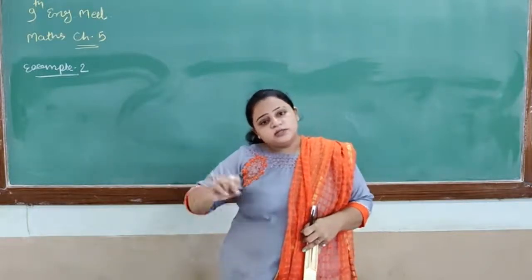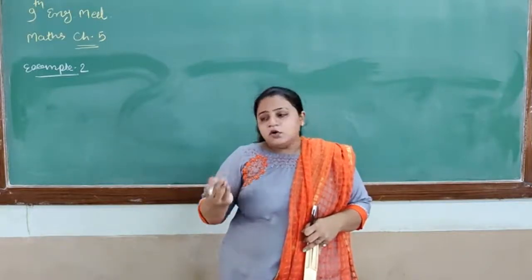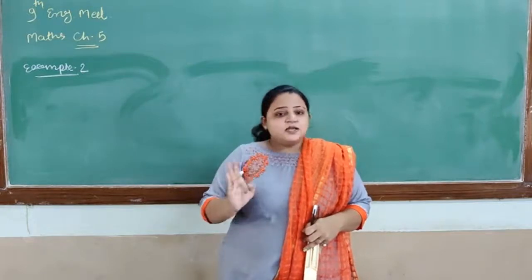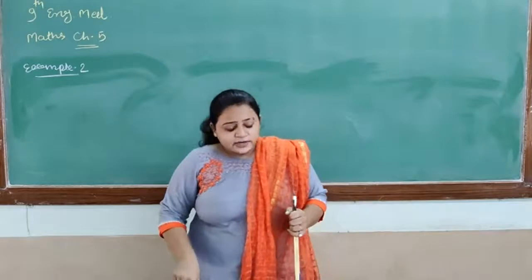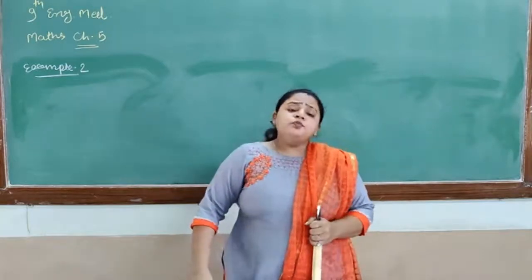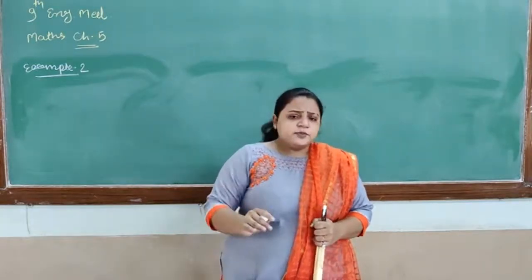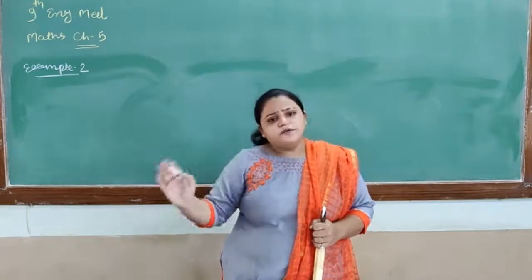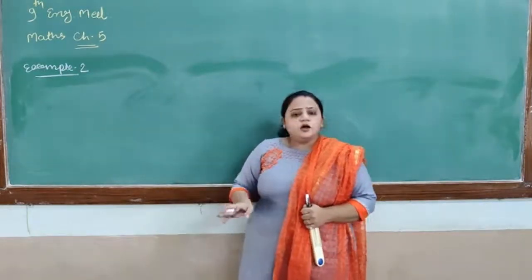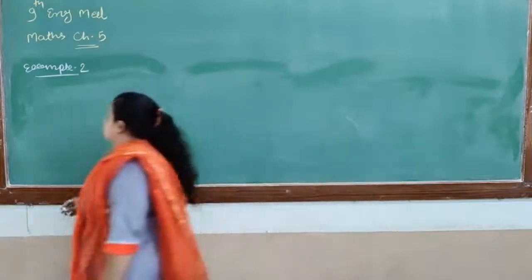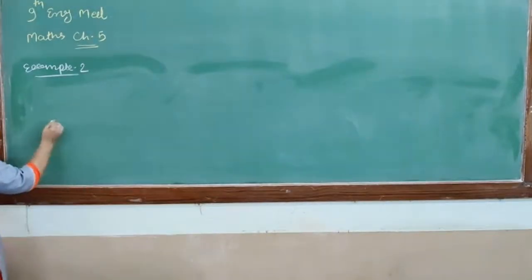This is known as an equilateral triangle, or we can say that all sides and all angles are equal. Now we have to prove that for any line segment you can form an equilateral triangle. And how to prove? Let us see that.